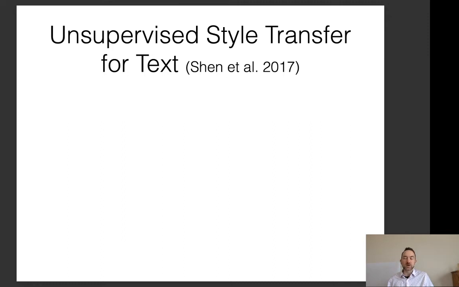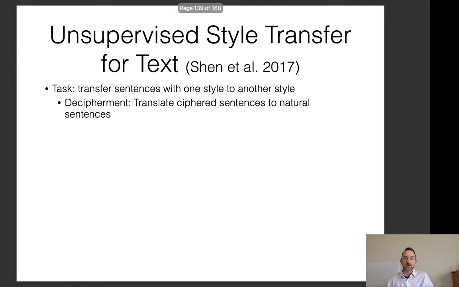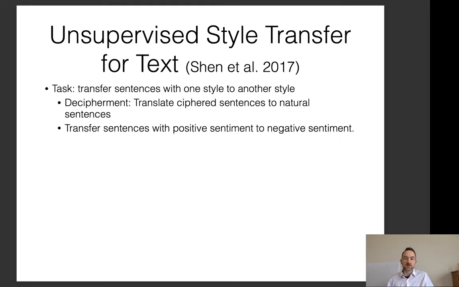One example is unsupervised style transfer for text. We would like to transfer sentences with one style and generate sentences in another style. For example, decipherment is where you would want to translate ciphered sentences to natural sentences. Transfer sentences with positive sentiment to negative sentiment. Do word reordering.